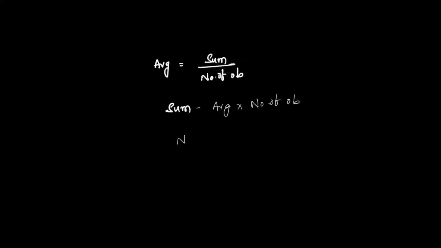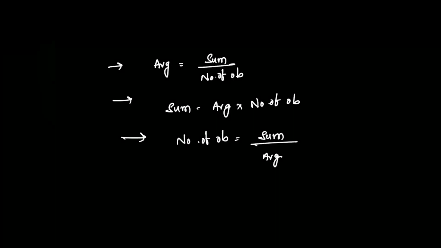If I ask you the number of observations from this, it is sum by average. These three formulas I am deriving from the same formula, that is the first one. Average is equal to sum of observations by number of observations. If you want the sum, the number of observations will go to this side, so it becomes average into number of observations. If you want the number of observations, it becomes sum by average.